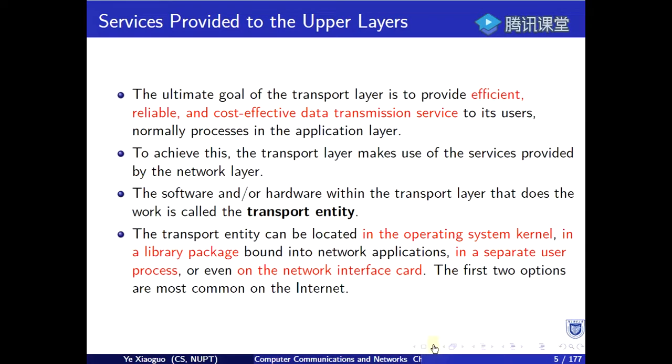The ultimate goal of the transport layer is to provide efficient, reliable, and cost-effective data transmission service to its users, normally processes in the application layer. To achieve this goal, the transport layer makes use of the services provided by the network layer, then provides services for the application layer.